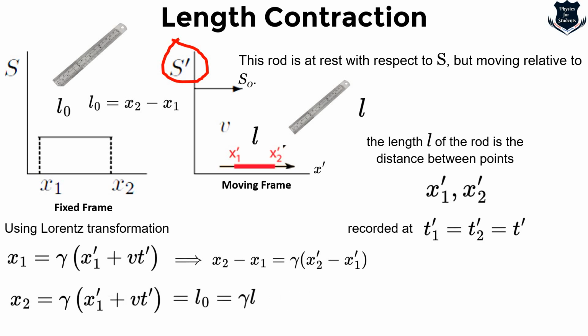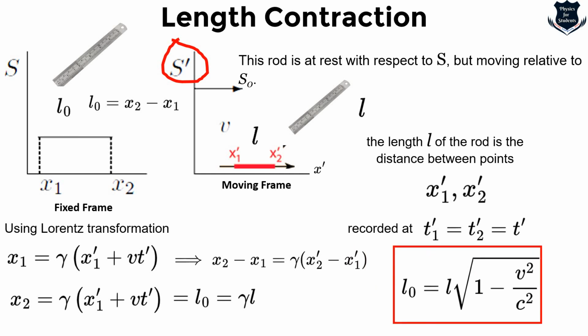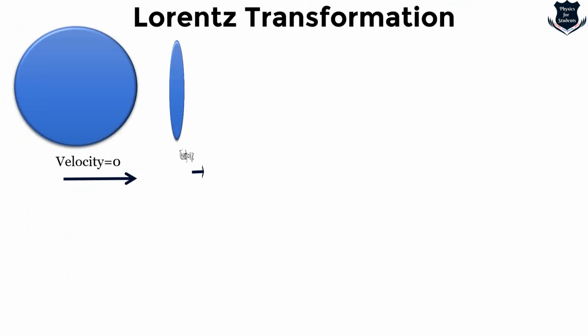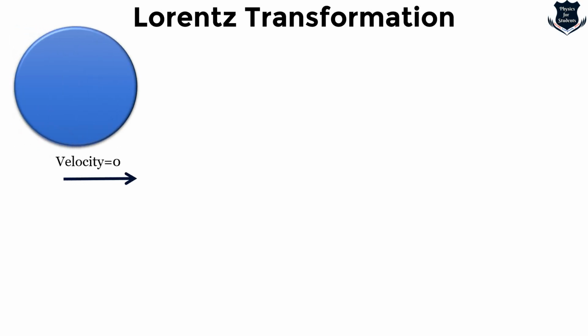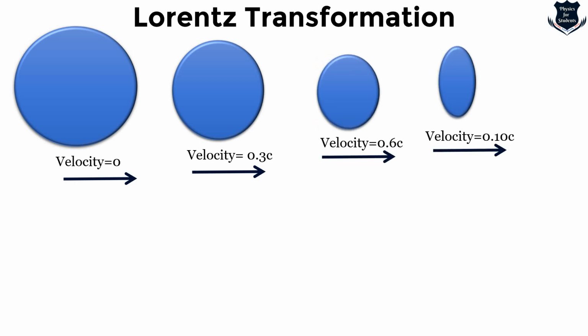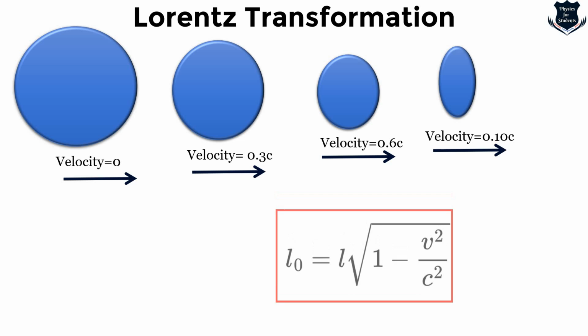And what we get here, this L0, this is the Lorentz factor. From here I would like to show you a visual demonstration, although it is not exactly correct. As the object moves further and gets a velocity, you can see the length contracts.